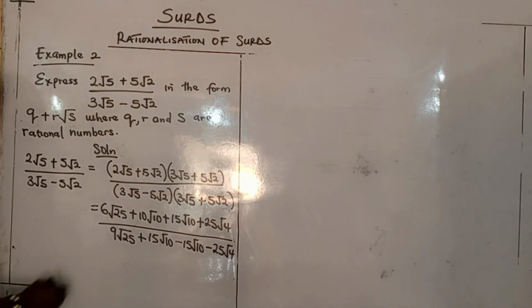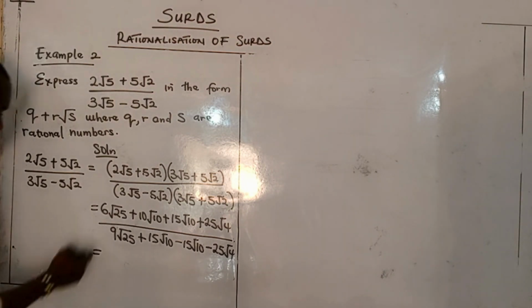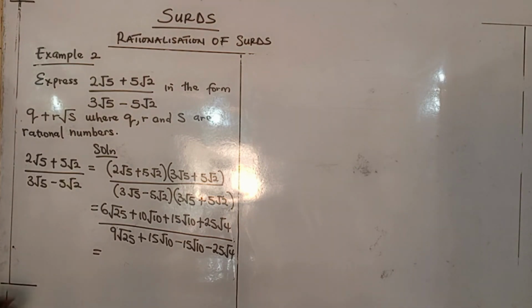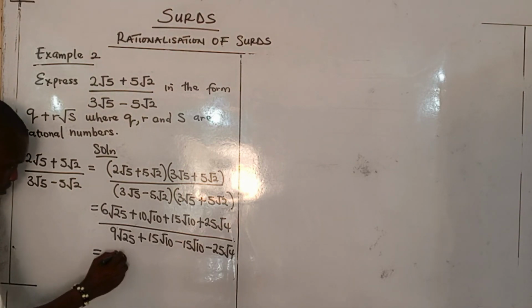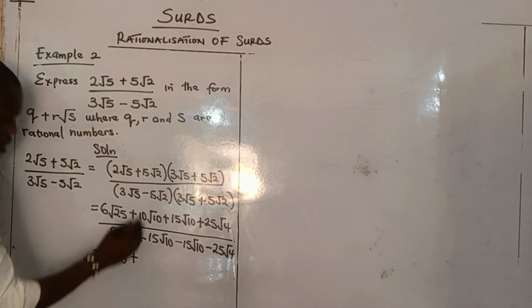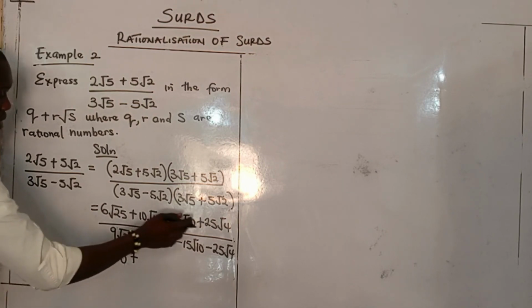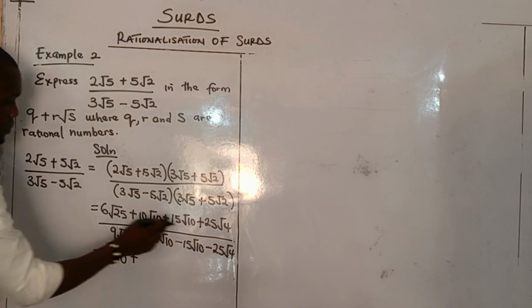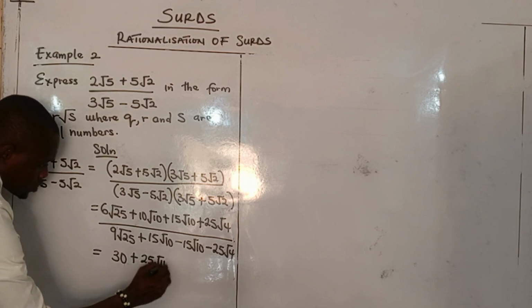So from here now, we can proceed to say that square root of 25 here is 5. So 5 times 6, we are going to have 30, plus 10√10 plus 15√10. They are similar surds because they have 10 under the square root sign. So 10 plus 15 will give us what? 25√10.